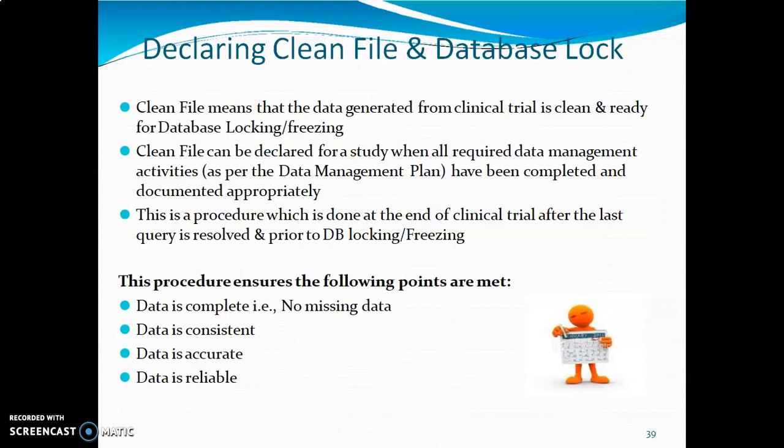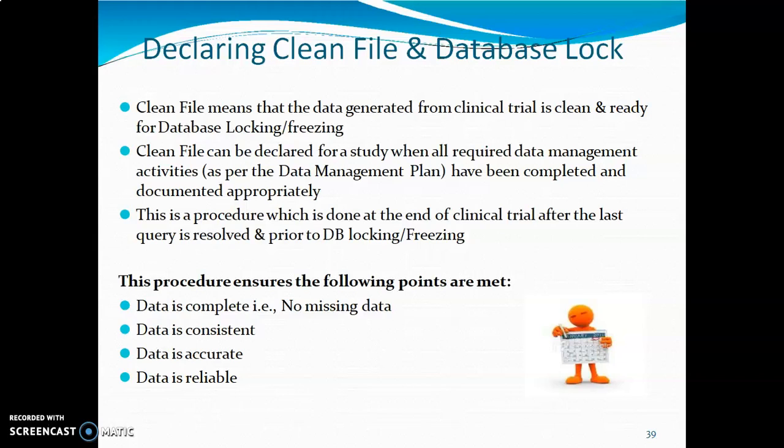Now let us see what conditions are required for declaring a clean file and database lock. A clean file means that the data generated from the clinical trial is clean and ready for database locking or freezing. Everything is clear and they are 100% sure to go for freezing. Such a file is called a clean file.